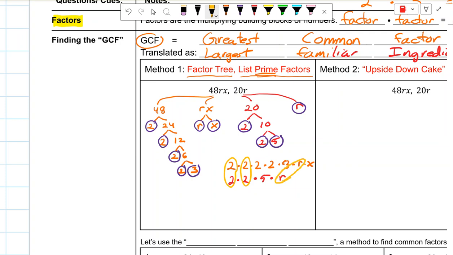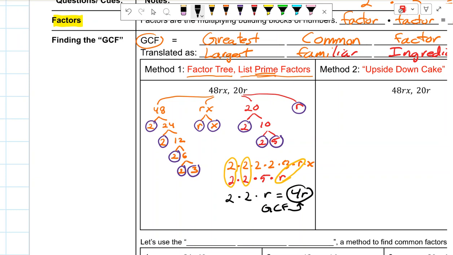And once you find that familiarity between the two in their prime factors, all you have to do is take those pairs, write the pair of 2's as a 2, the other pair of 2's as a 2, and the pair of R's as an R. And you multiply those together and you get 4R. And 4R is the GCF. And that's how you find it.